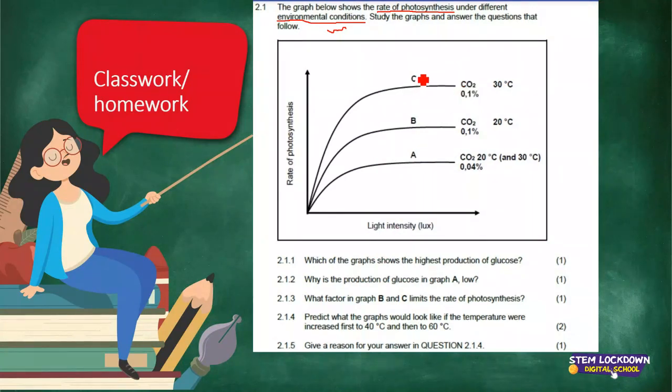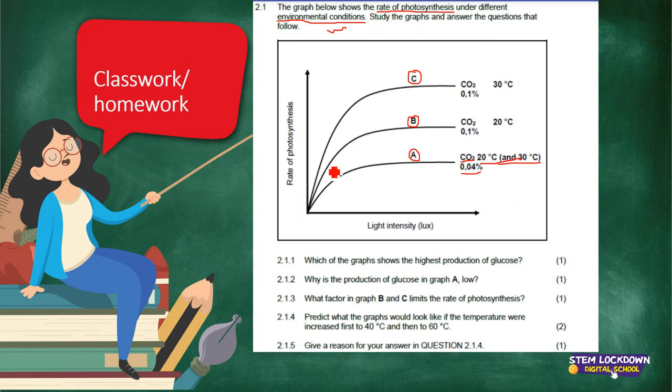Then we have graph C, graph B, and graph A. Let's start at A. About graph A, we are told that the carbon dioxide is at 0.04%, and this is the temperature at which it is taking place, for different types of plants.